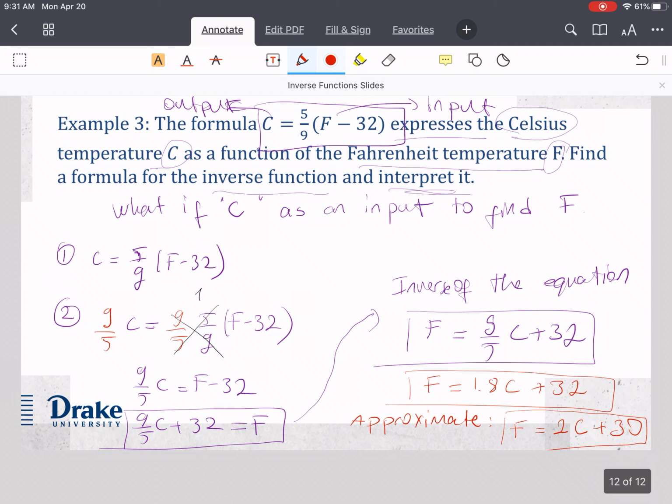So say Celsius value you have 7 degrees, I multiply by 2, 14, and then add 30, 44. So 7 degrees is approximately 44 Fahrenheit. So this is a very practical way of calculating, which is something most people have no idea.